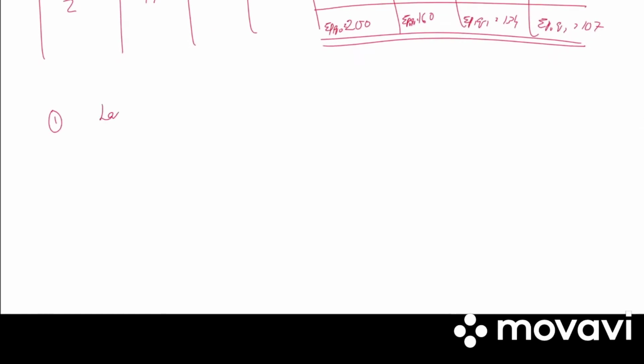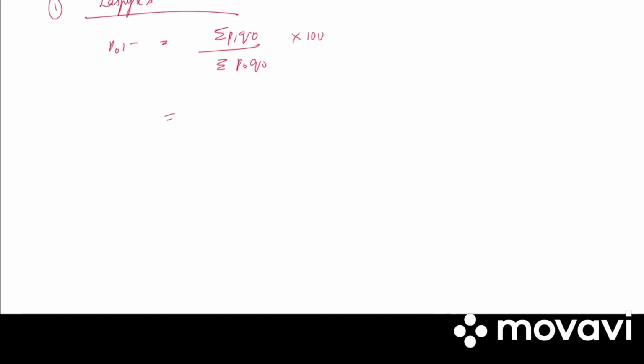So first we have Laspeyres method. So what's the formula here? P01 is equal to summation P1 Q0 divided by summation P0 Q0 into 100. 200 divided by 160 into 100, that is 125.